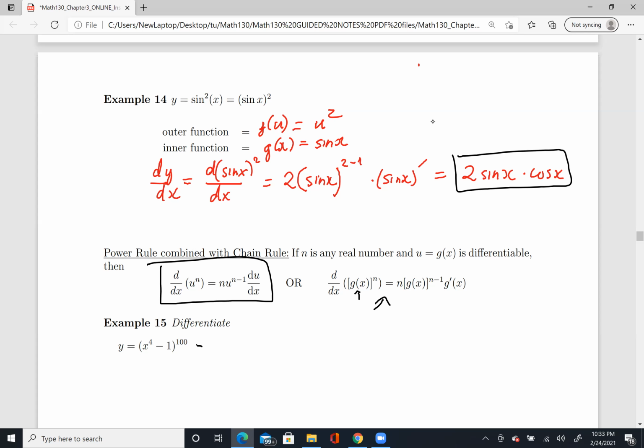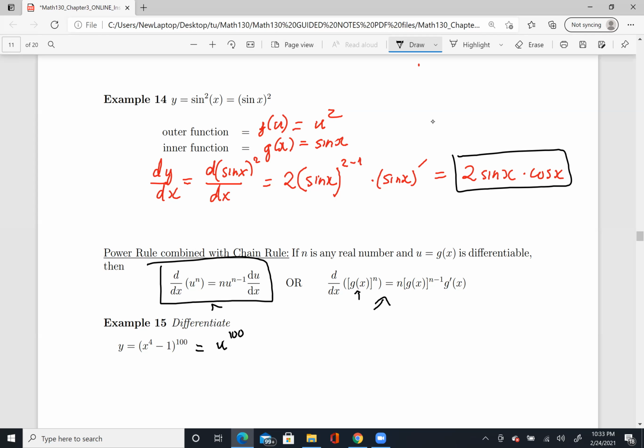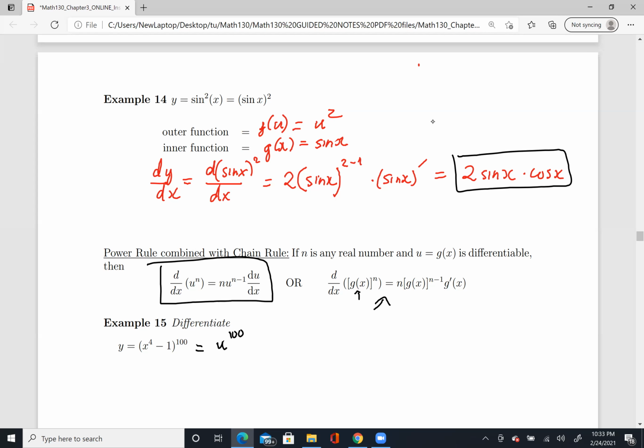Okay, now let's just try y equal to x^4 minus 1 to the power 100 over here. You can actually notice that you can see this as u to the power 100. You look globally, right? So you can right away think that you can apply the power rule combined with the chain rule over here. See that? So then the derivative of y will be, you put out 100, right? You rewrite the u.